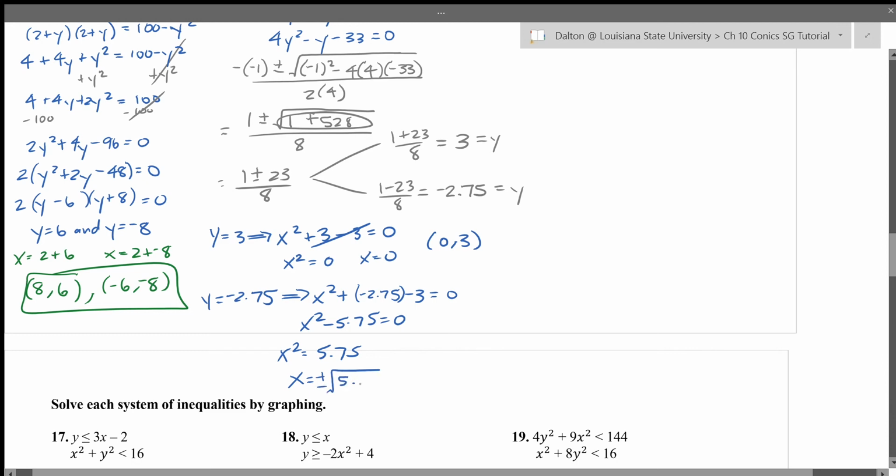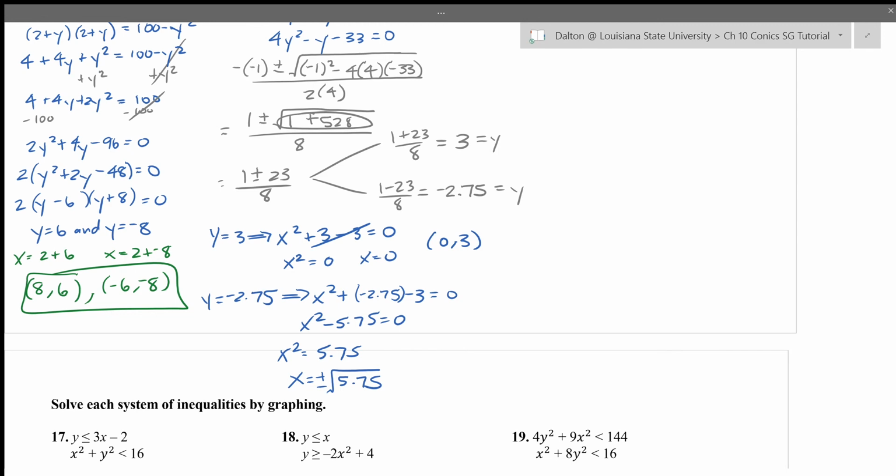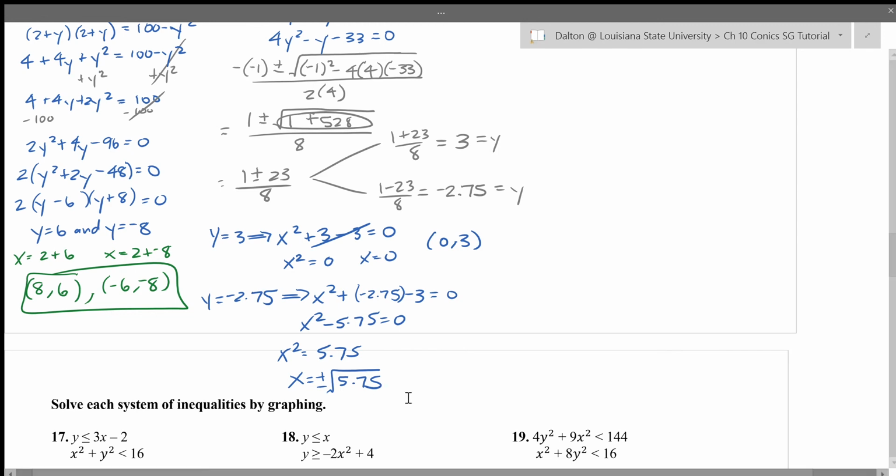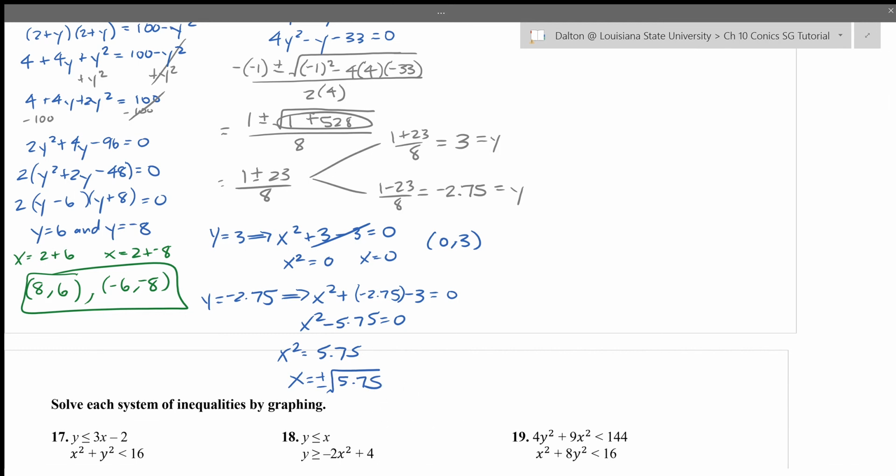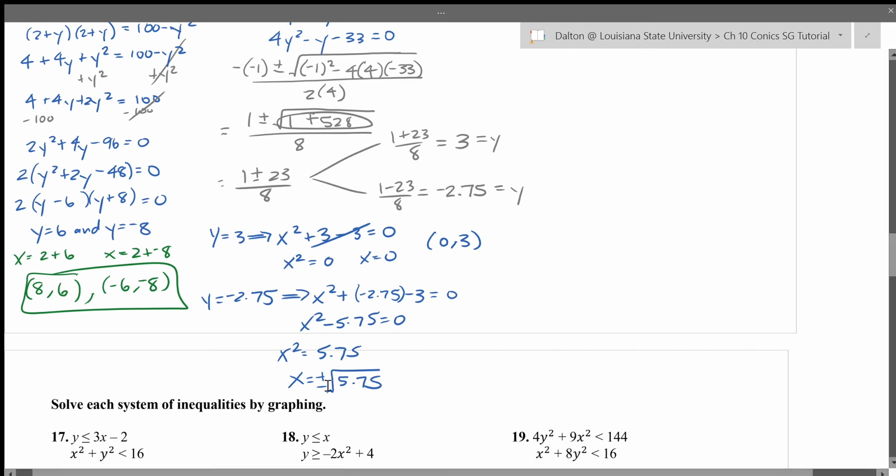I'm okay with you rounding to the nearest tenth on this one. I guess we could have done hundredth. Either way, or it might actually be a normal number. I don't have my calculator to check. Again, I just have my original work that I did when I worked this out the first time. Okay, either way, there are two different x values. We've got the plus and minus version, both yield a y value of -2.75.